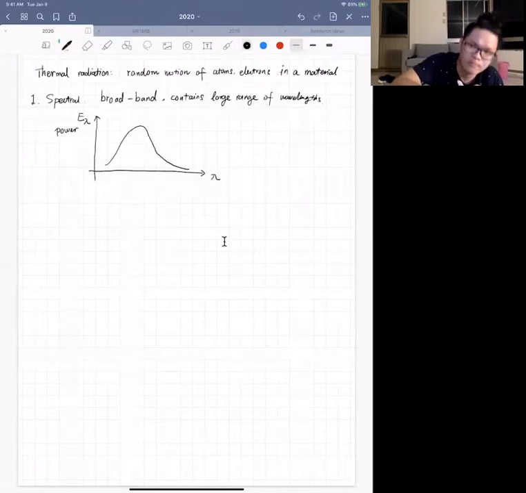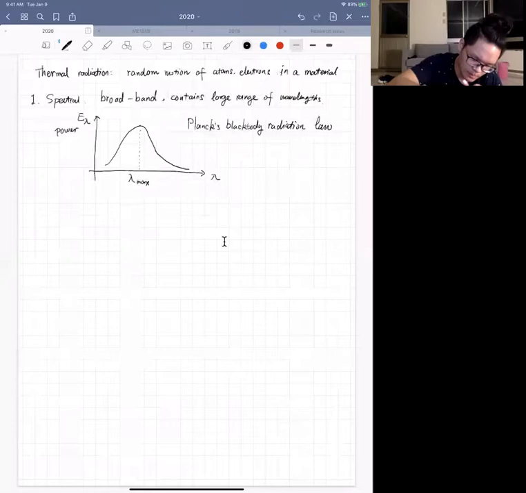It usually has a well-defined shape, but it does contain a large range of wavelengths. It typically peaks at one wavelength, called lambda max. The shape of this curve is given by Planck's black body radiation law, which we will discuss in detail in a minute.